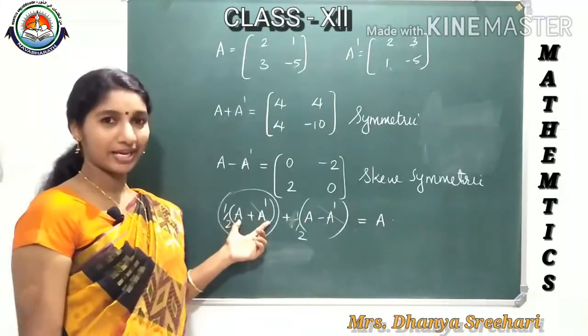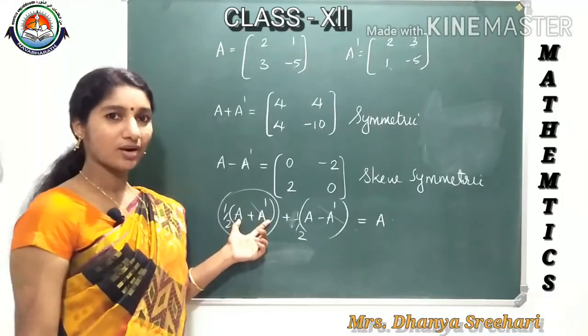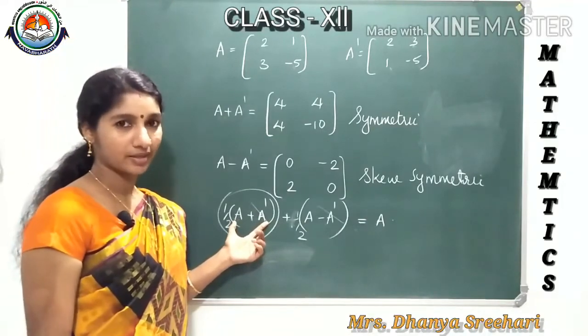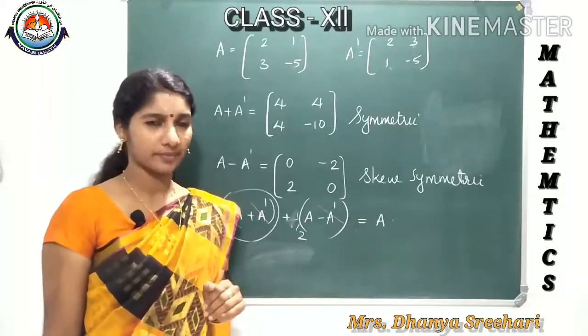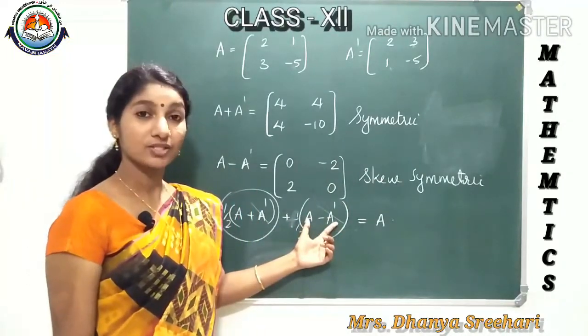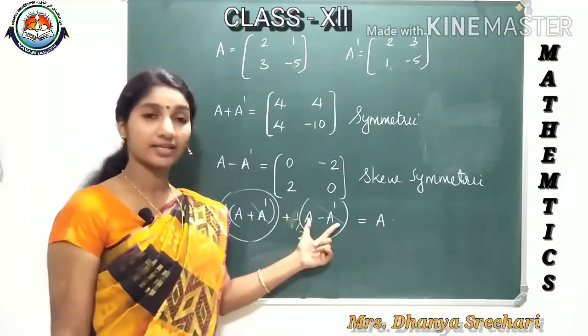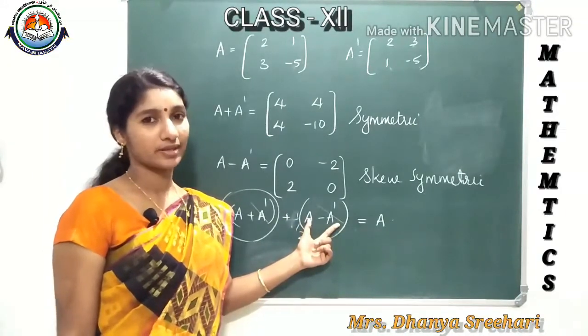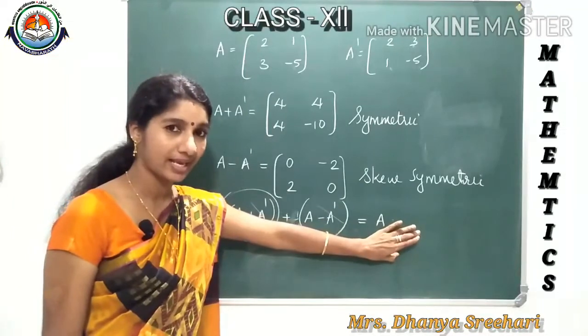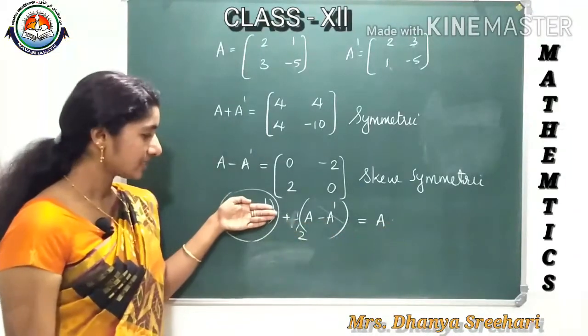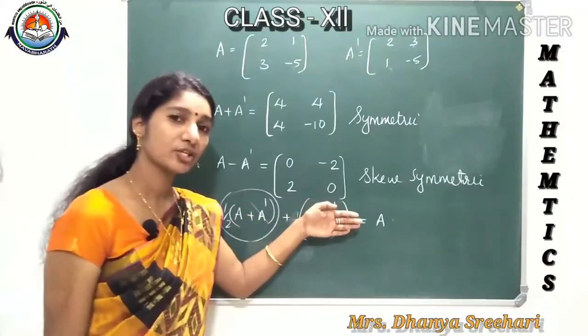A plus A transpose is symmetric, so half of A plus A transpose is a symmetric matrix. A minus A transpose is skew symmetric, for every matrix it will be the same, so half of A minus A transpose is skew symmetric. So what we did? We expressed the given matrix A as a sum of symmetric and skew symmetric matrices.